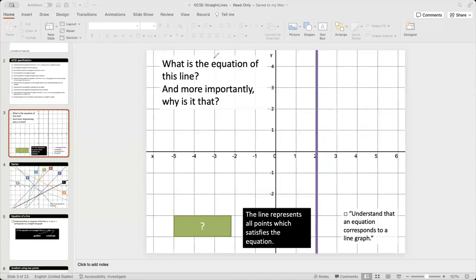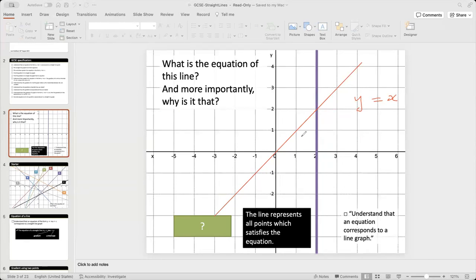If you look at this one too, if I draw a line like this, you can see clearly here that this one is going to be y equals x.